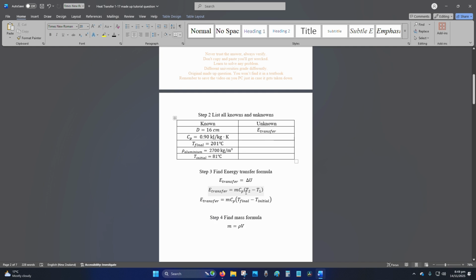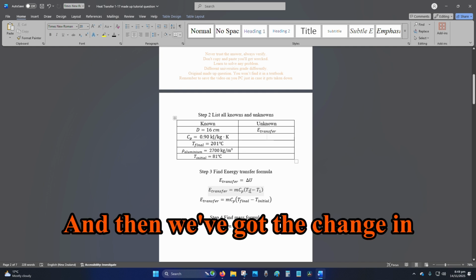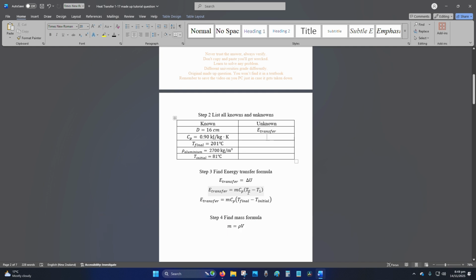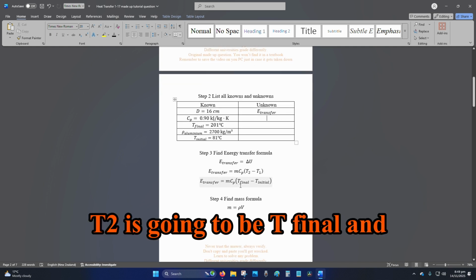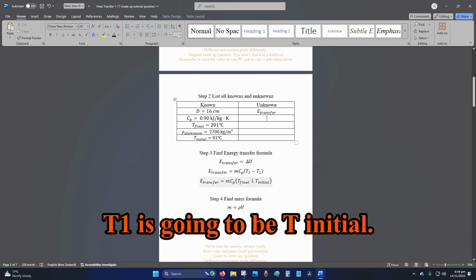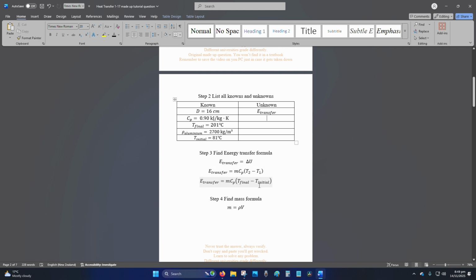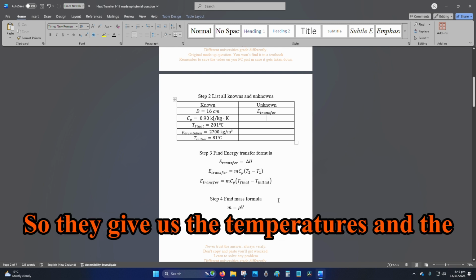Okay, and then we've got the change in temperatures as well. T2 is going to be T final, and T1 is going to be T initial. T represents temperature.